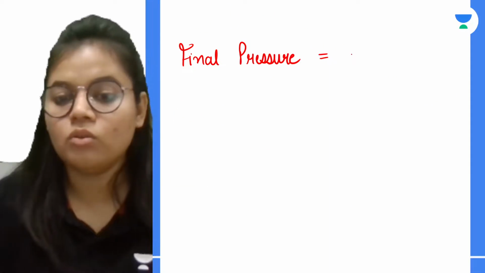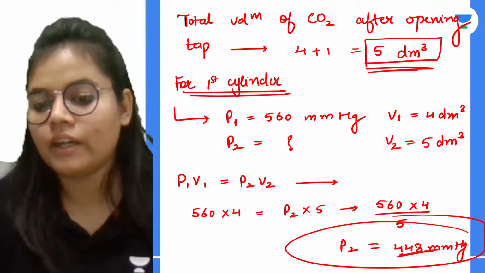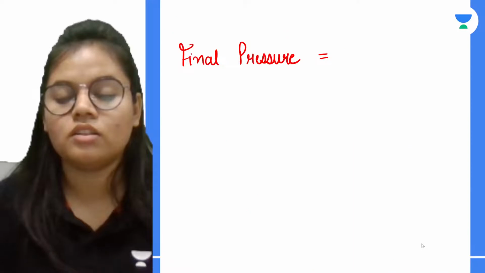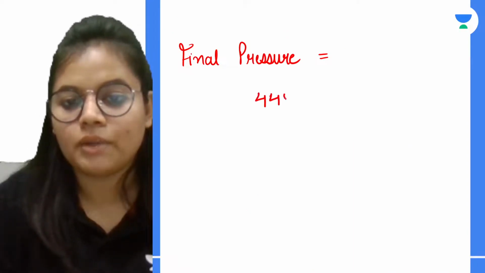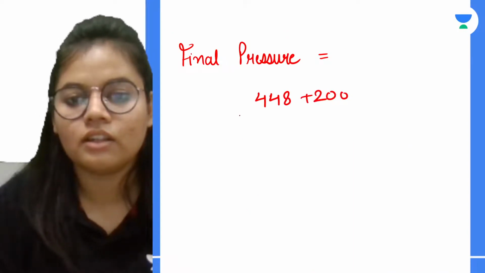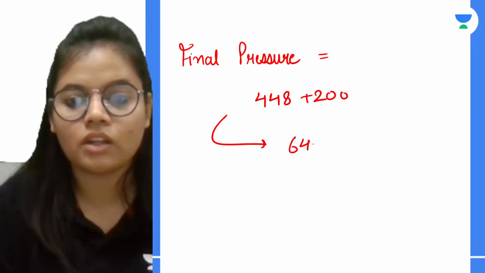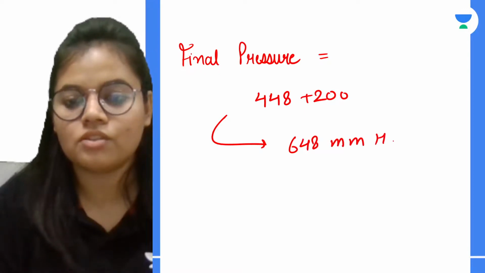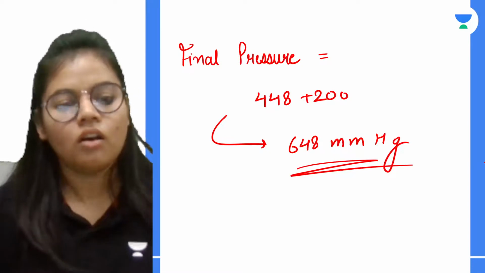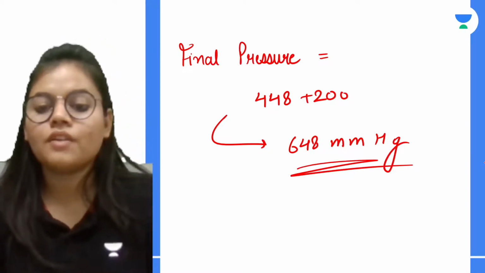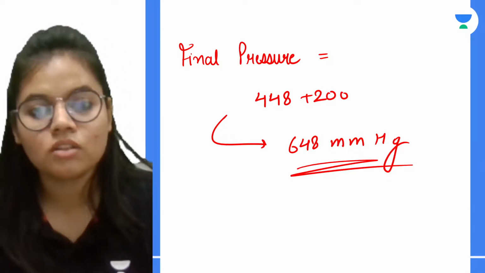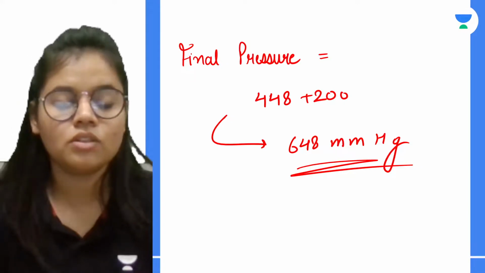That is equal to 448 plus 200, which comes out to be 648 mm of Hg. All right. So this will be our whole solution, and this will be the answer to the question.